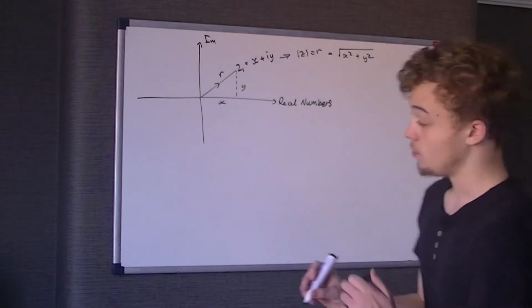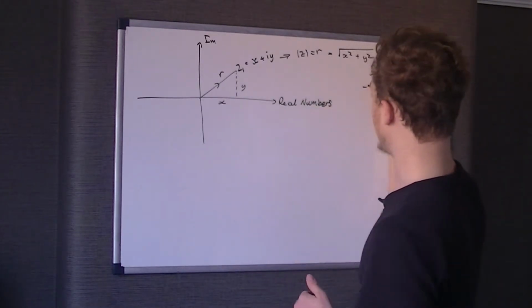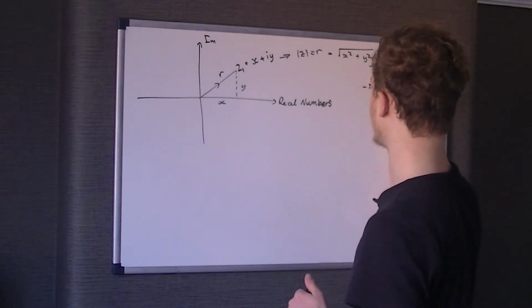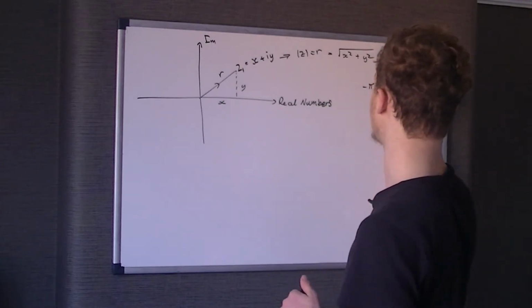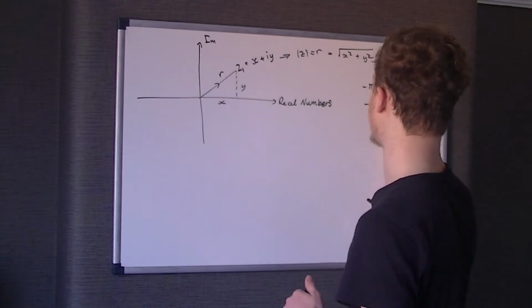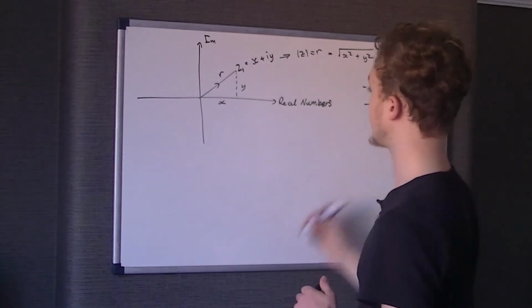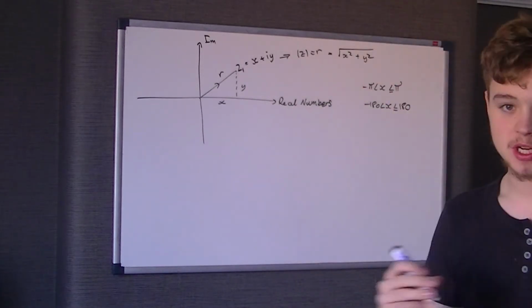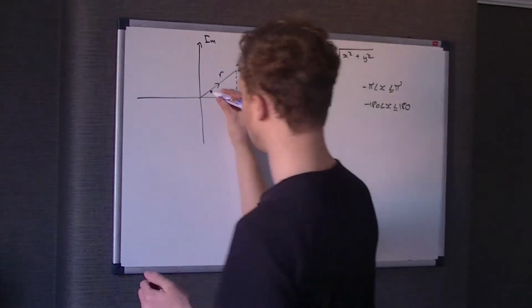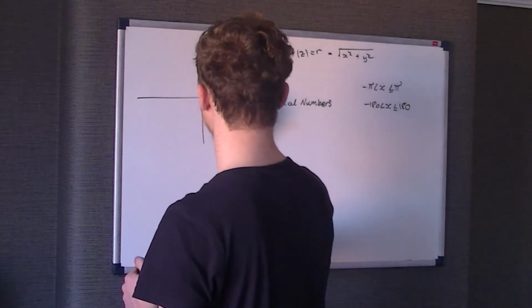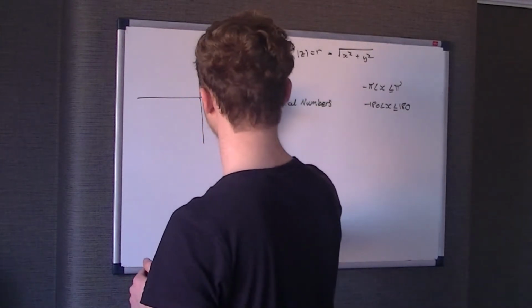Then we said the range of the argument is always between minus pi and pi, up to and including pi, or minus 180 and up to and including 180. Either one of the two, depending. Generally you'd be working in radians for this, and it will tell you. And that was the angle there, which we'll call theta.